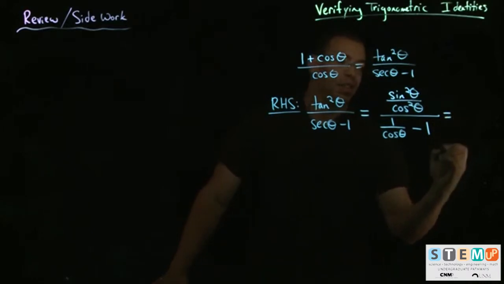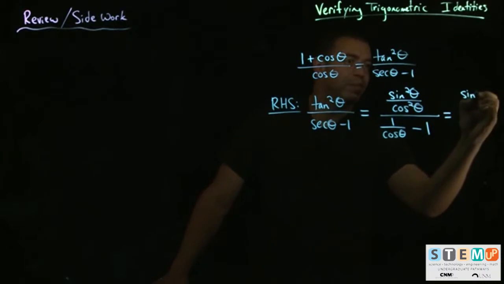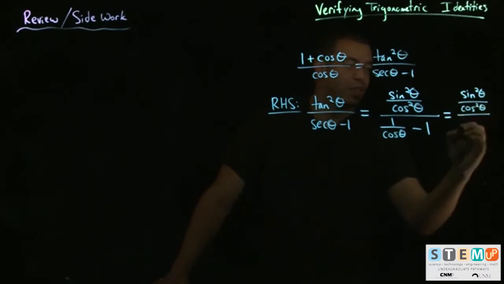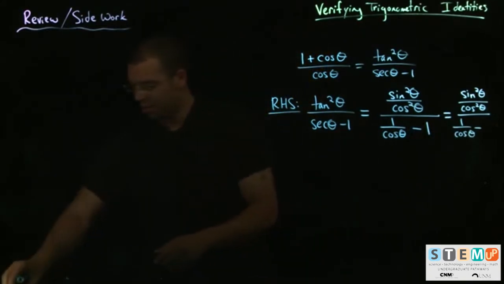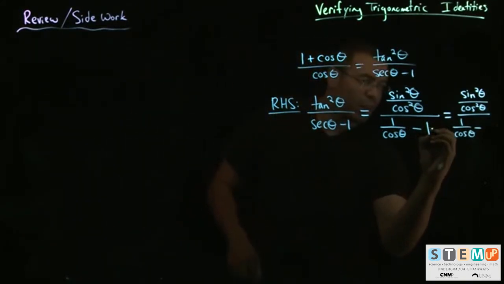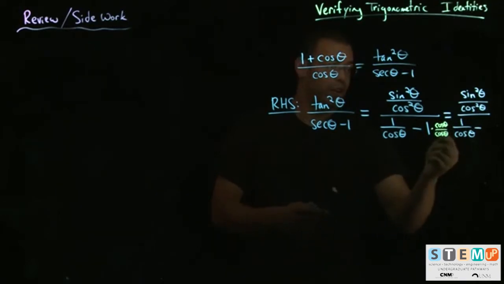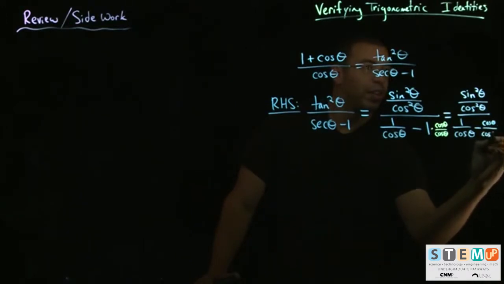But remember that if we want to combine these guys, what do we have to get? That's right, you're probably shouting it out at the computer. We have to get a common denominator, right? So here, if I multiply top and bottom of this 1 by cosine theta over cosine theta, remember, I'm just multiplying by 1 here, then I'd have cosine theta over cosine theta.